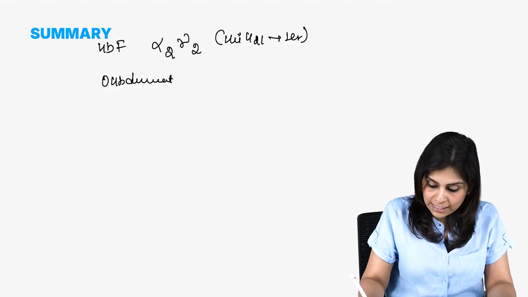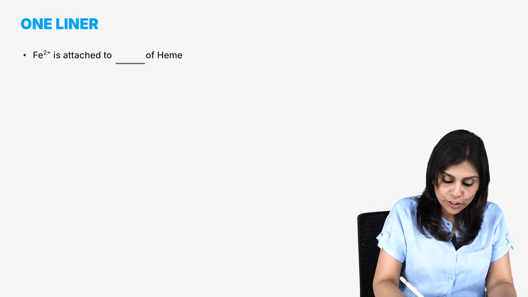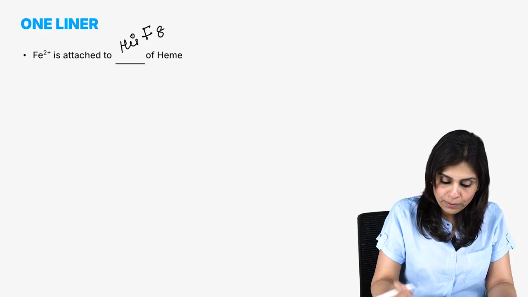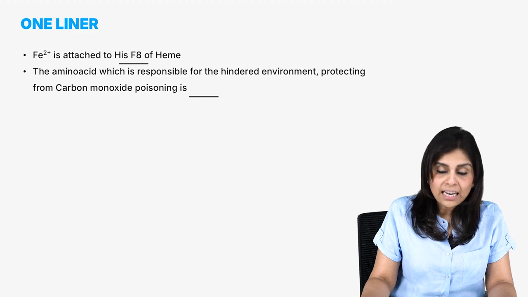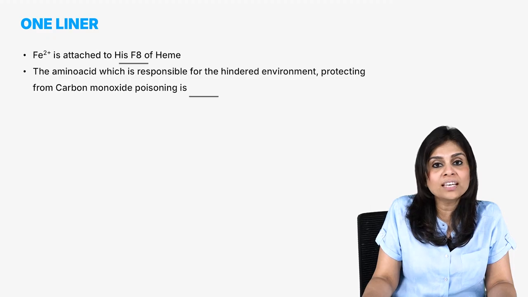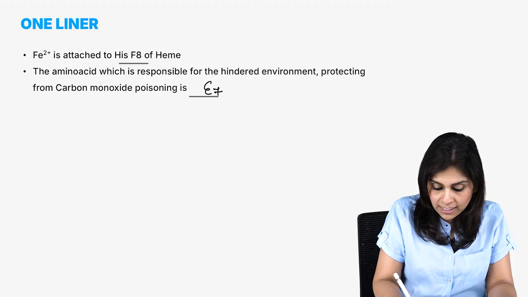Okay, so let's work out a few MCQs now. Fe2+ is attached to which residue of heme? F for F, Fe2+ is attached to histidine F8. The amino acid which is responsible for the hindered environment protecting us from carbon monoxide poisoning is histidine E7.